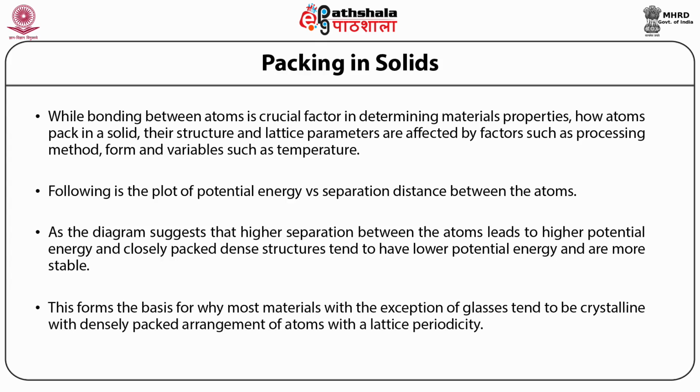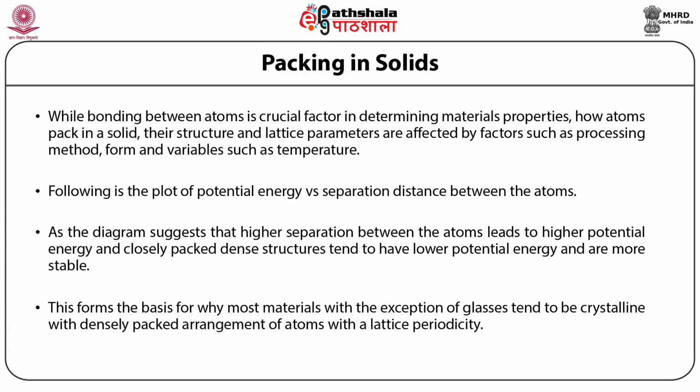This forms the basis for why most materials, with the exception of glasses, tend to be crystalline, with a densely packed arrangement of atoms with lattice periodicity. Glasses are non-crystalline, lacking periodic order.